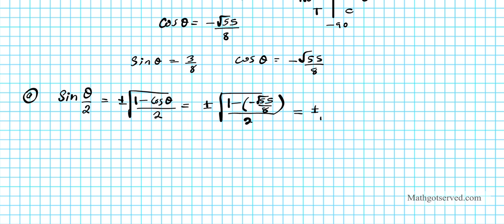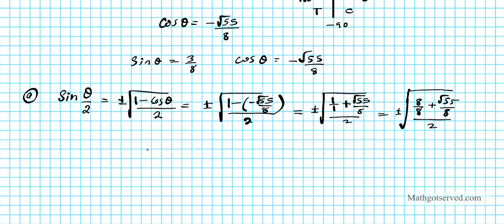We have plus or minus the square root of 1 over 1, you multiply these two signs, plus root 55 over 8, over 2. This becomes plus or minus the square root of 8 over 8 plus root 55 over 8, divided by 2.